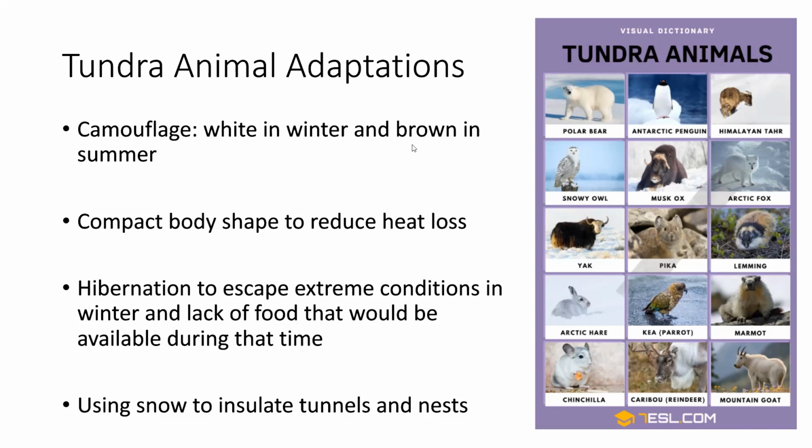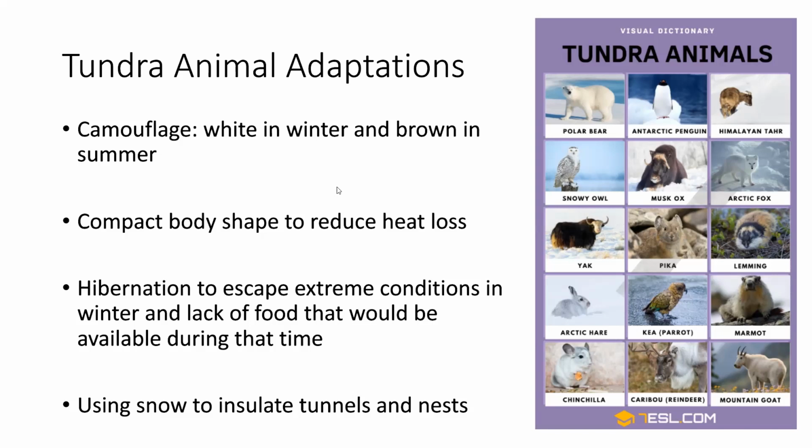But you'll also see with some of these animals, particularly the ones in lower trophic levels, the ones that are more likely to be considered prey, in the summer months you'll see them turn brown, because as that snow melts, if they remain white, they're not going to be camouflaged anymore. They're going to be more visible now. They're going to be more easily hunted. So in the summer months, they're going to see their fur become darker, turn to a browner color. And then in the winter, as that snow arrives, they're going to turn back to white to help keep them protected from any predators that may be around.